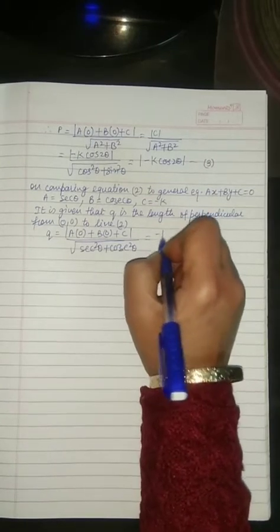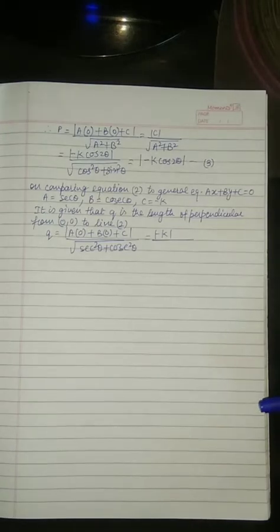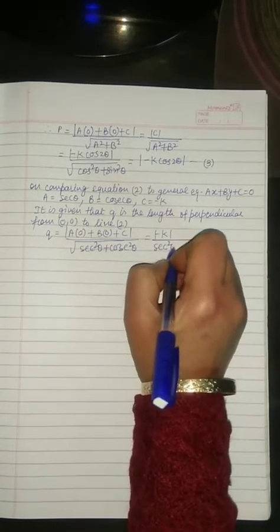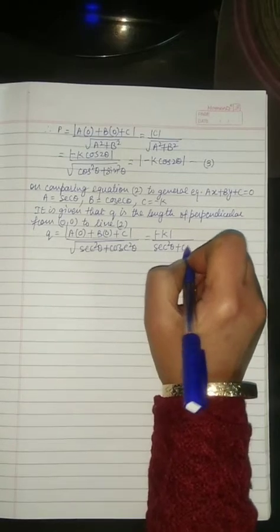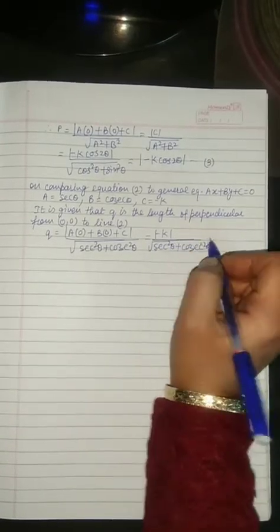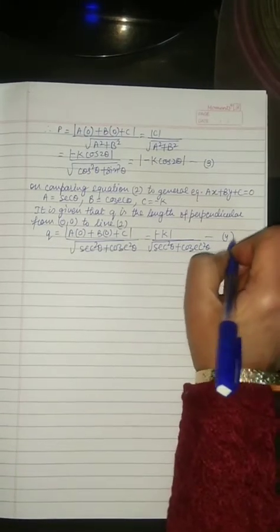Now the value of c is minus k, upon under root secant square theta plus cosecant square theta. Now this is equation number 4.